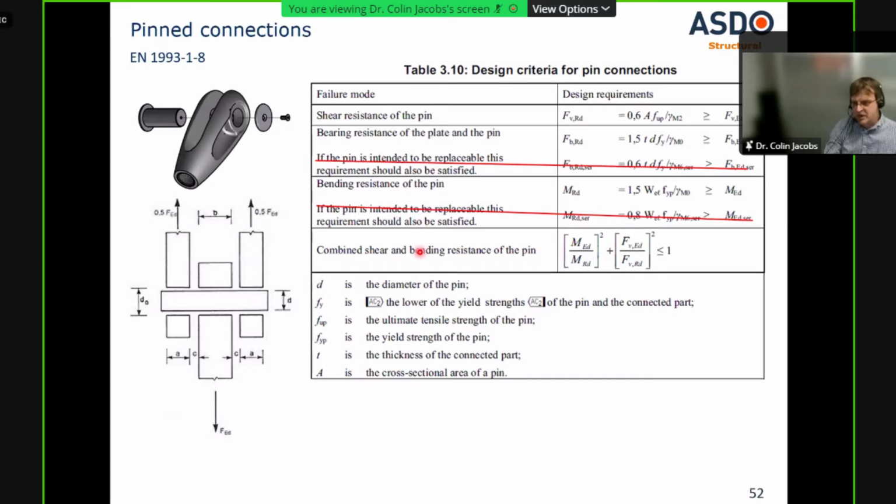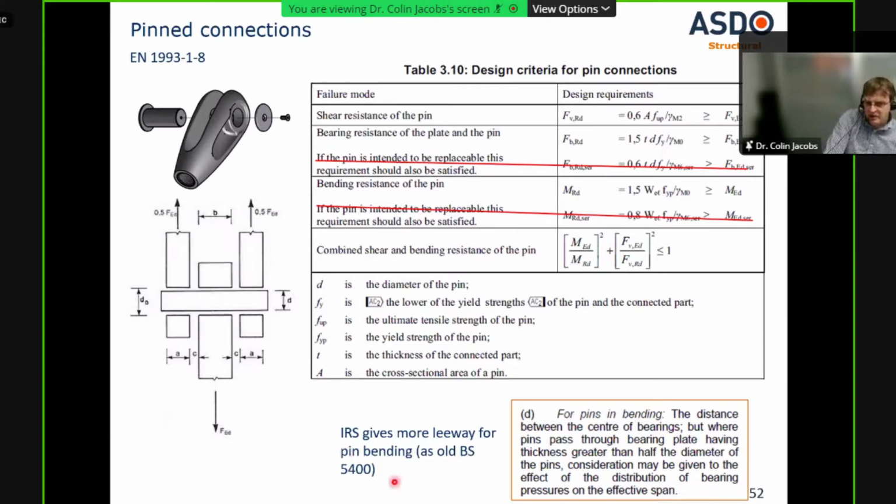That's normally for a different type of structure, so you can really just ignore these bits, or else you'd be too conservative with your pin design. You'll find that if you try to analyze many of the proprietary products out there, these calculations don't work because they're very conservative, and most people will use their own analysis and type testing to justify.